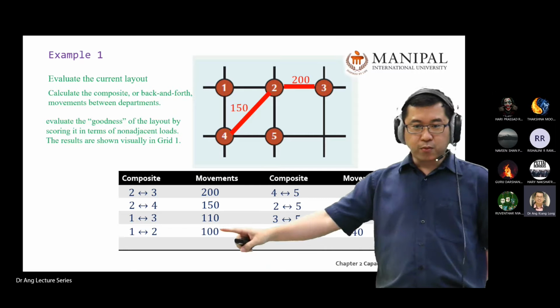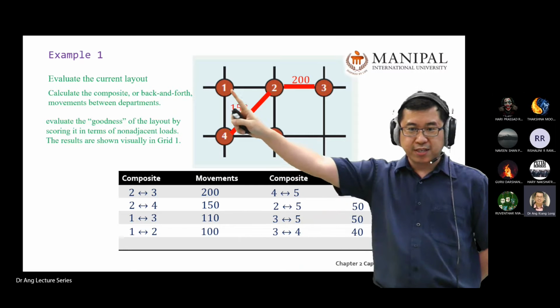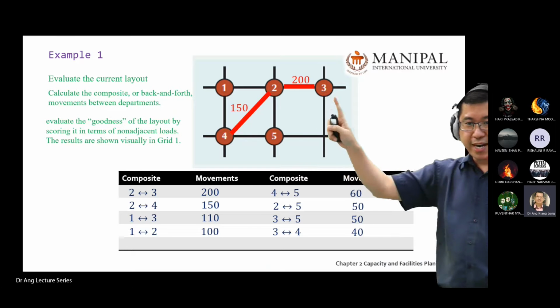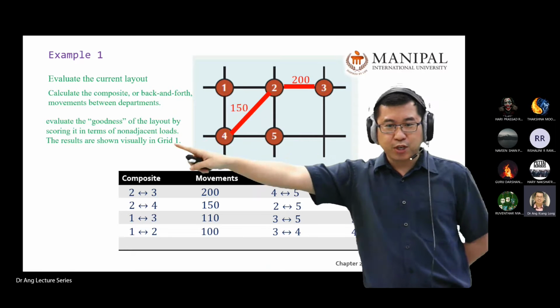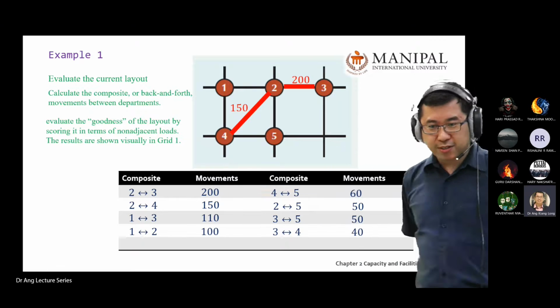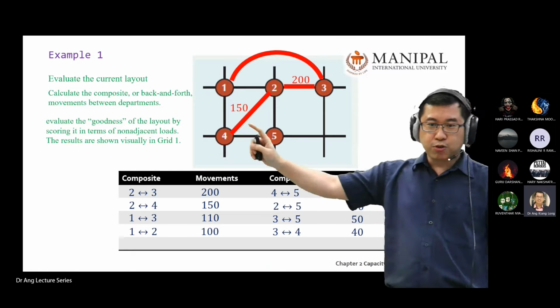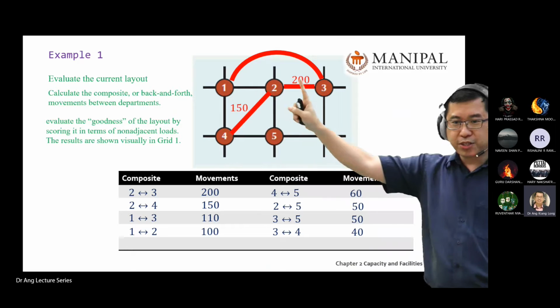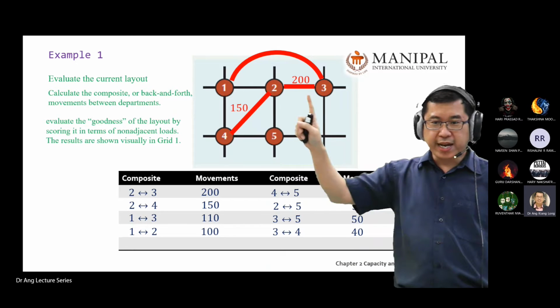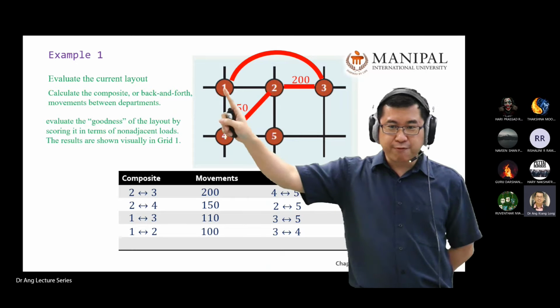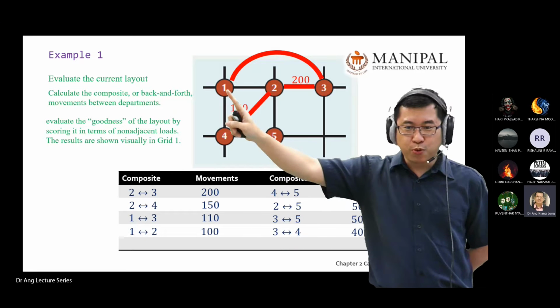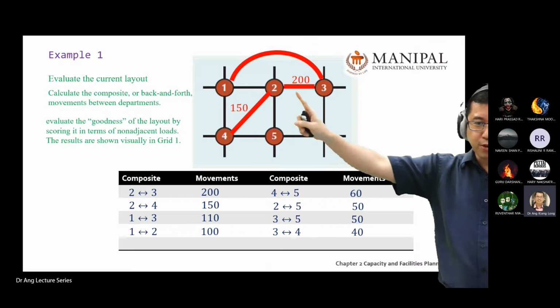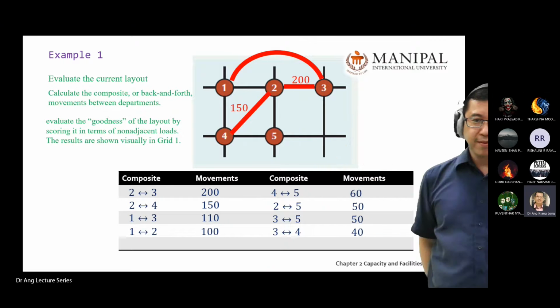The third one, 1, 3. Where is 1, 3? 1, 3, right? Be careful. This is a special movement for non-adjacent loads. You draw a rainbow bridge between 1 and 3. You don't draw a straight line from 1, cross 2, and then reach 3.